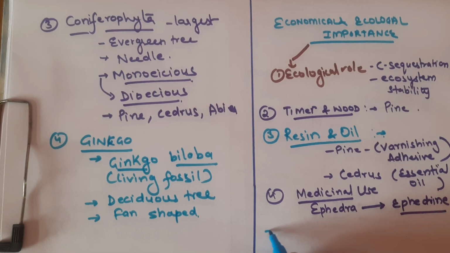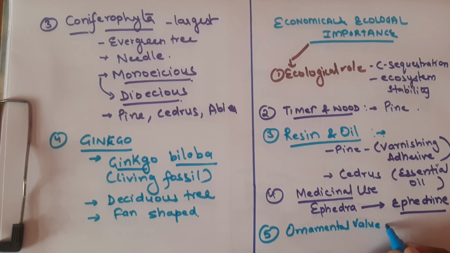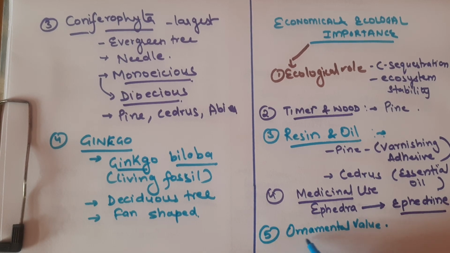And besides this, the last important role is the ornamental value. So there are species like Ginkgo and Cycads that have decorative roles.